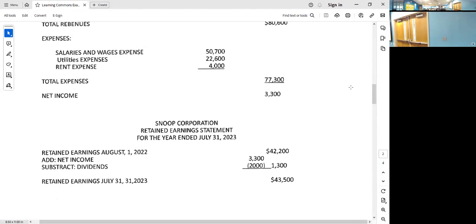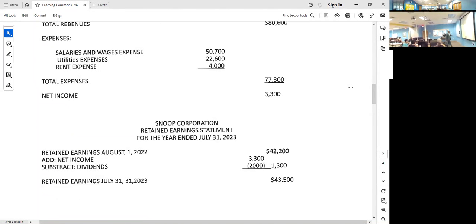If it was a net loss, then it would be like 5,300. Yes, absolutely. That's net loss. You would add, because the dividends and this would be added together. The retained earnings statement is net income minus the dividends.